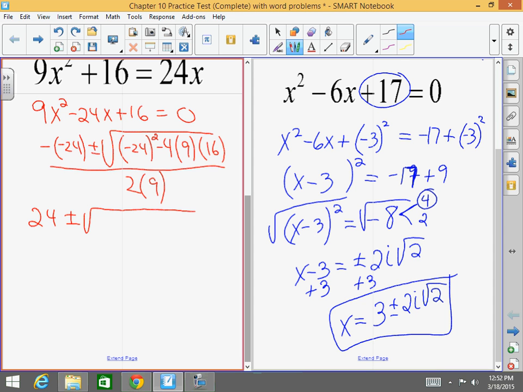Okay, so 24 squared is 576 minus 36 times 16 is 576. So this is 24 plus or minus 0 over 18. So this is just going to be one answer. I can divide 6 to both top and bottom, so x equals 4/3 only.